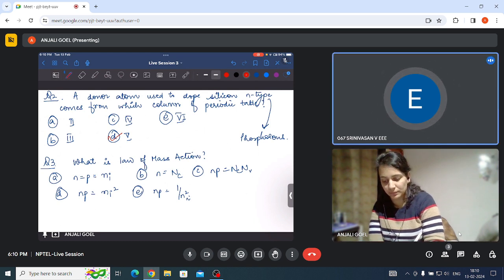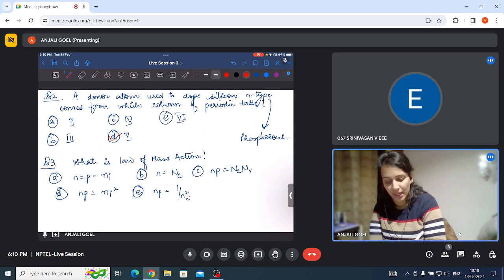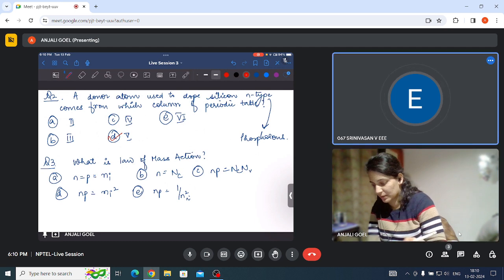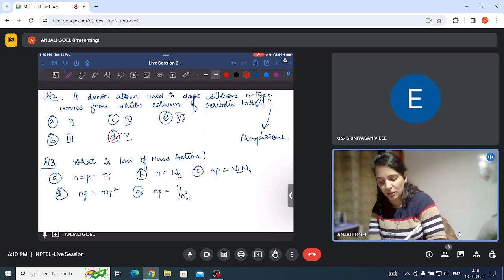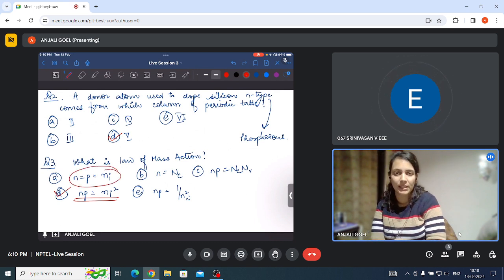Both A and D. See, the mass action law is basically this. That holds true only in the degenerate condition. Otherwise, it is np equals ni square.